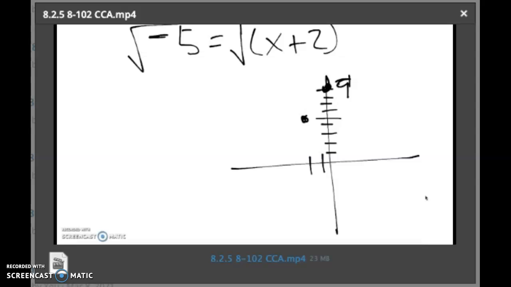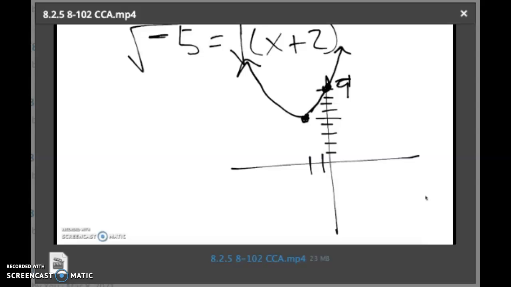Now, the other piece I need to know is, we know that our vertex is the midpoint of our parabola, right? It's where our line of symmetry runs through our vertex. So we know this has to be the middle point. And since I have my y-intercept here, I know that this parabola is going to open up. So it's going to look something like that.